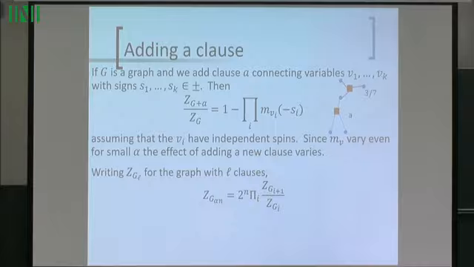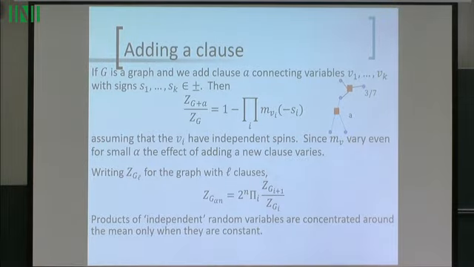They're not independent, but you can think of them as more or less independent because we're adding in independent clauses. And products of independent random variables don't tend to be concentrated, unless the random variables are just constants.